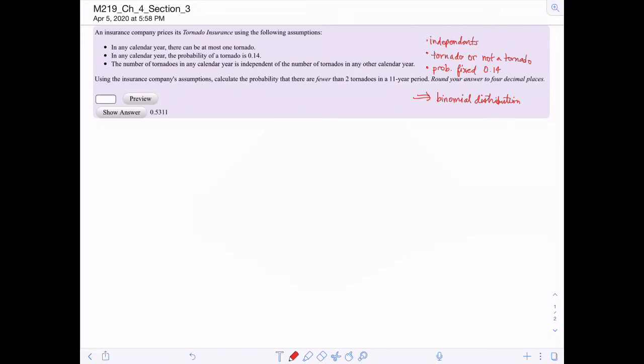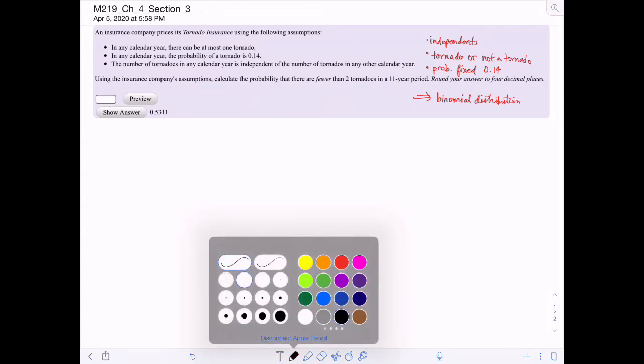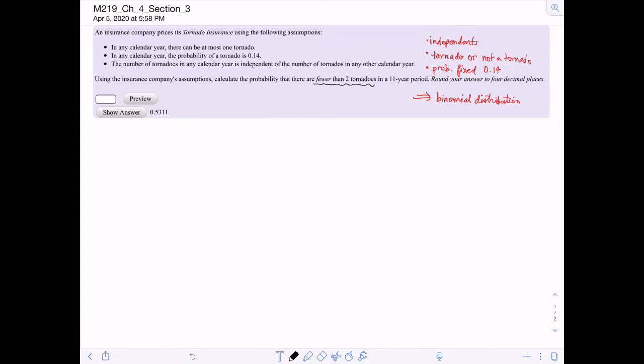Okay, so using the insurance company assumptions, calculate the probability that there are fewer than 2 tornadoes in an 11-year period, and then round your answer to 4 decimal places. So fewer than 2, does that include 2?